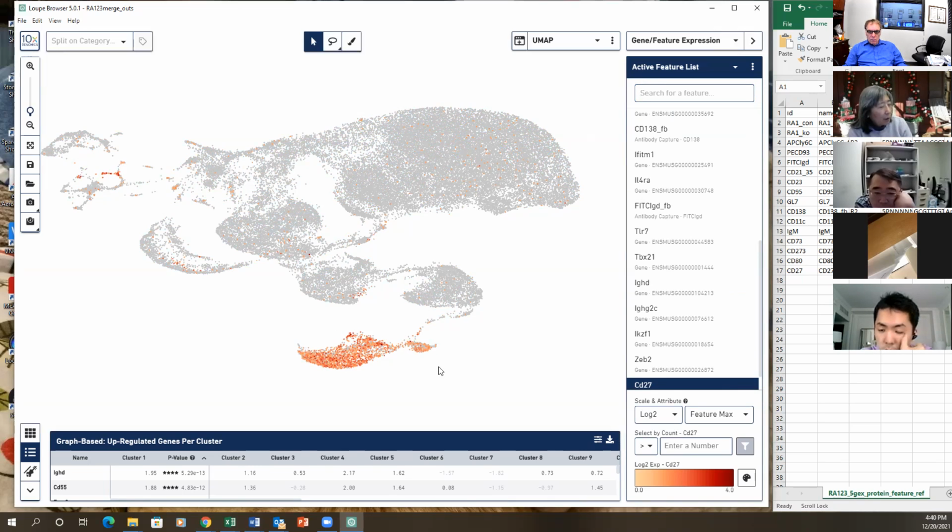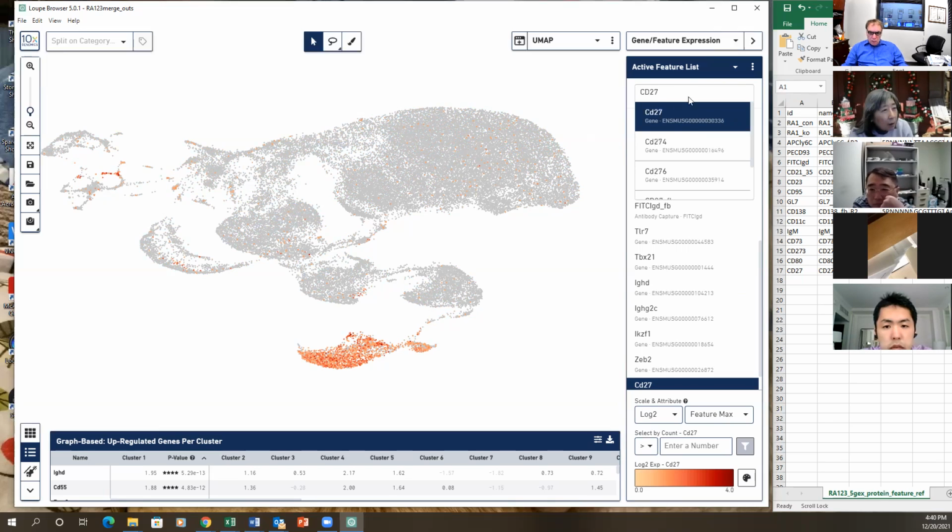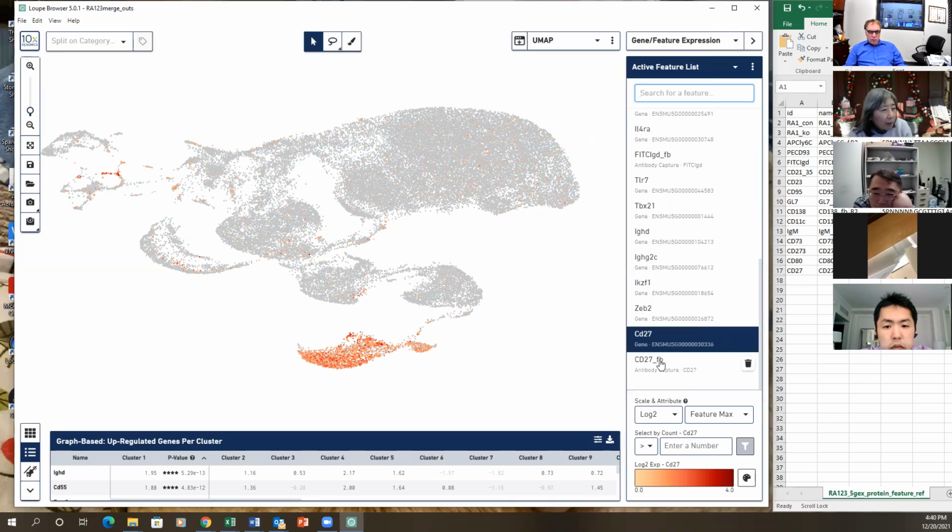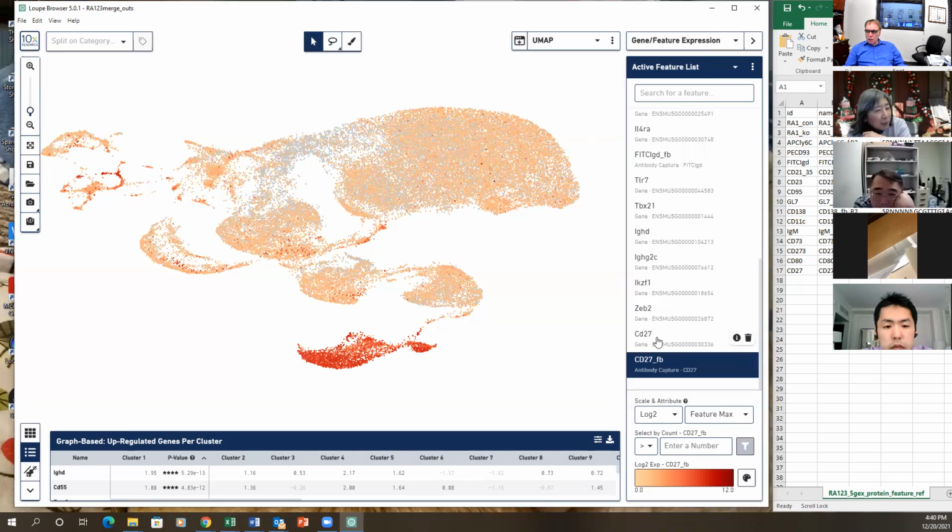Memory cells. That's memory. Let's do the memory cell marker. There's the CD27. So that's the CD27 antibody, right? Or is it the gene? Oh, unbelievable. This is the same. That's amazing.